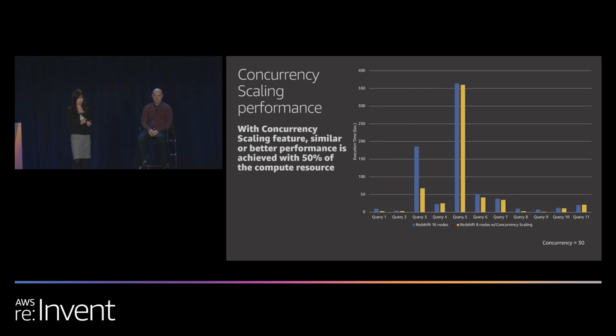One, blue, is the Redshift 16 nodes, and the yellow bar shows the Redshift 8 nodes, but with concurrency scaling features. Then we run the sample of these workloads from complex to simple workload with a concurrency of 30s. As you can see, with the concurrency scaling features enabled, the 8 nodes is able to achieve the performance of 16 nodes.